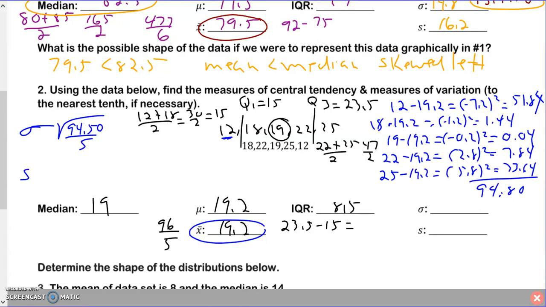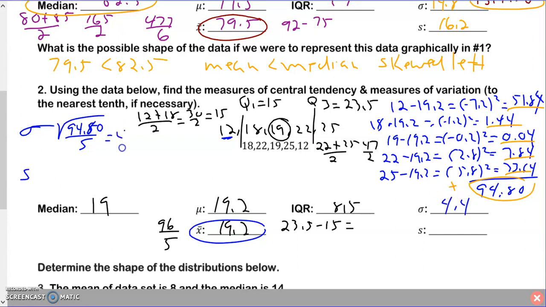Okay, so again, I wrote down the numbers. The first one was 51.84, 1.44, 0.04, 7.84, and then 33.64. You add them together, and you get 94.80. Then you put the 94.80 underneath the radical, divided by 5, and I get 4.4.